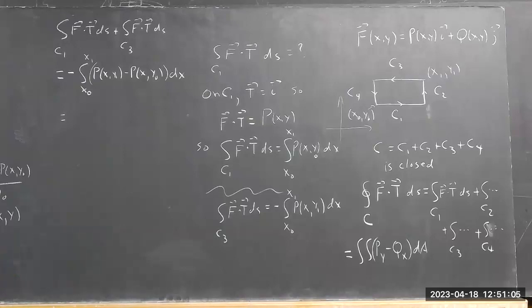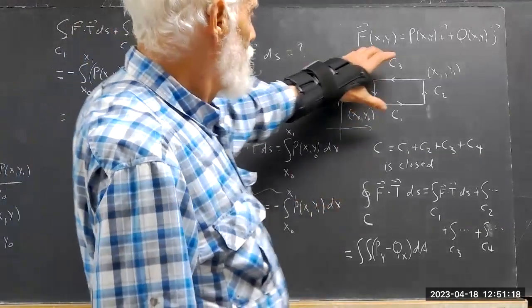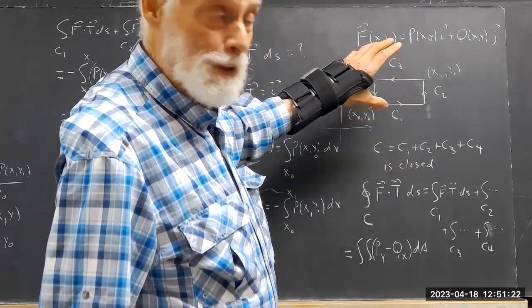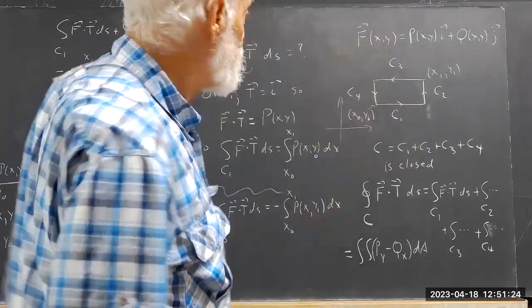So I could say that this approaches p_y of x, y as y1 approaches y0, meaning that for a very small increment here, and that's what this really is, as small as we'd like to make it.